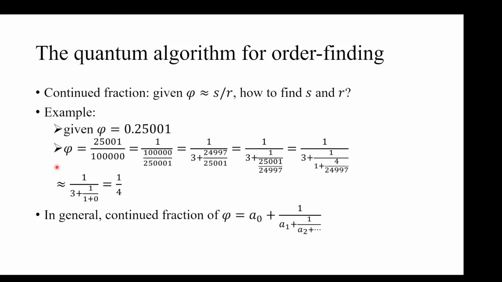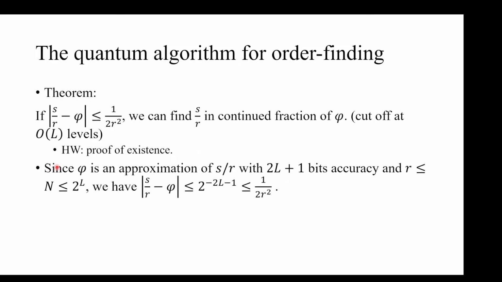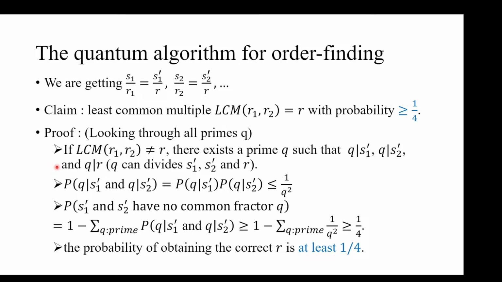And okay, if we are okay with this, then let's finally go to the next part about the details of order finding. We need to deal with different S over R when S and R might have common factors.